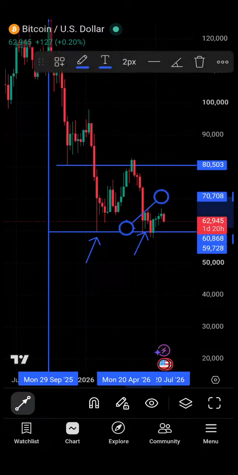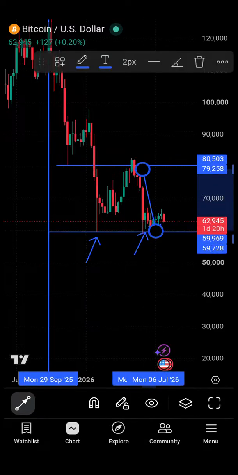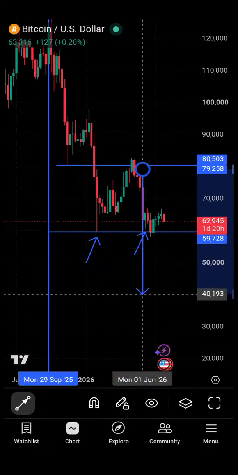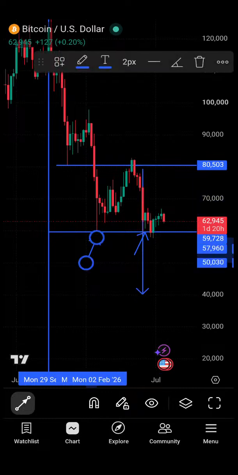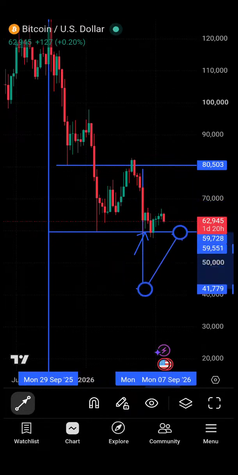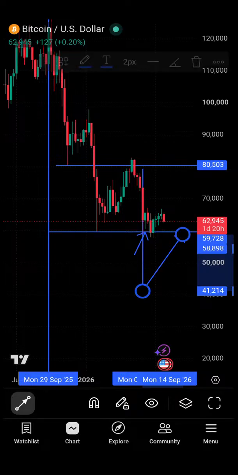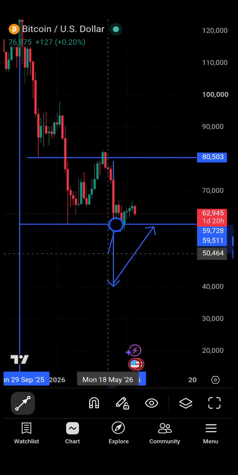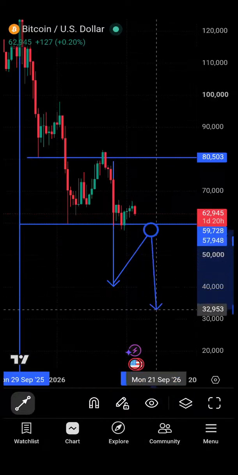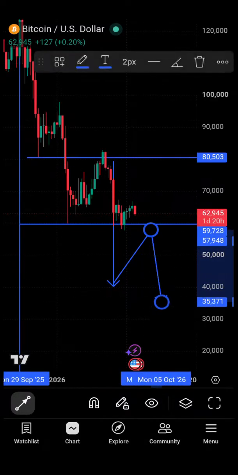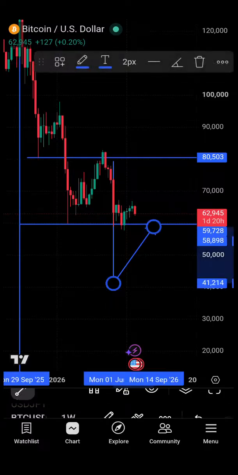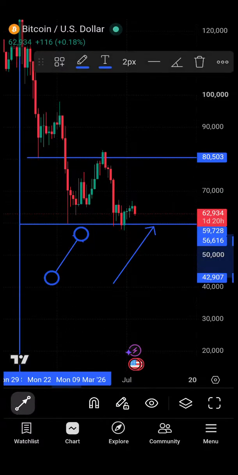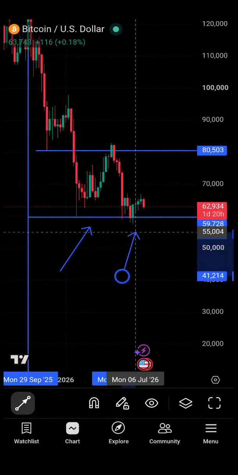We're expecting Bitcoin from this point to go down to this area maybe, and then from there it creates maybe another lower high. But it is still holding above this area on the weekly time frame.